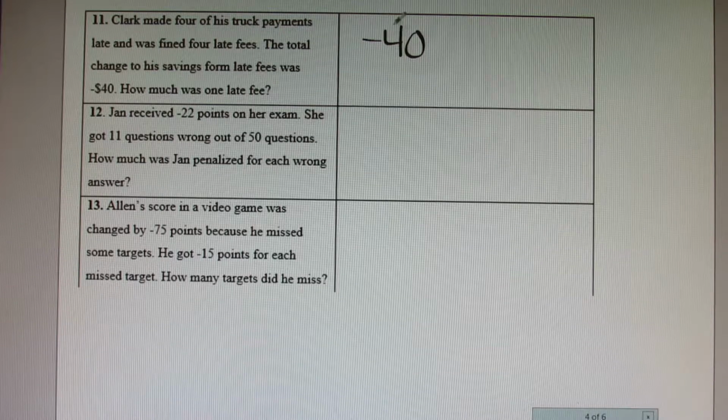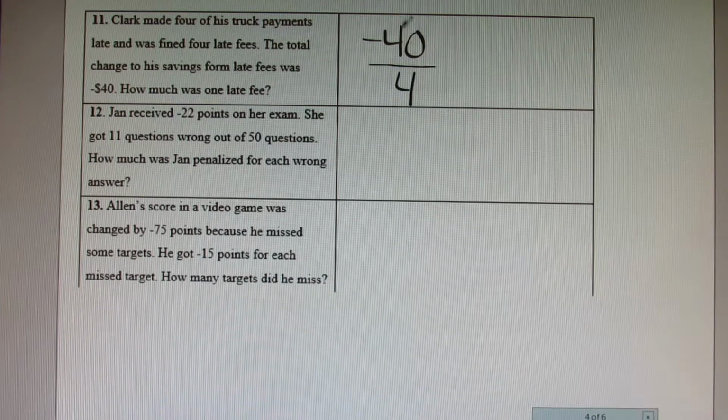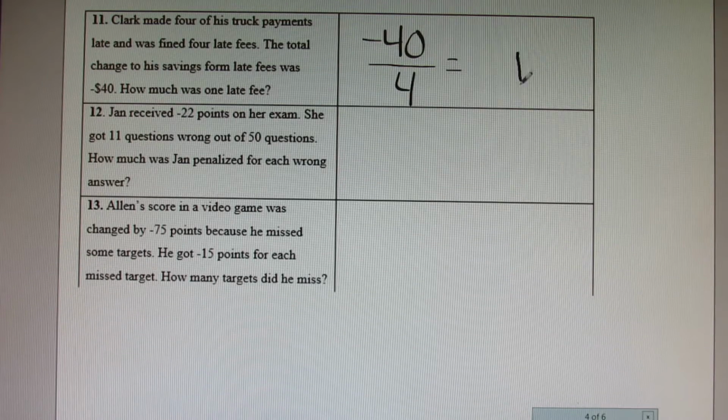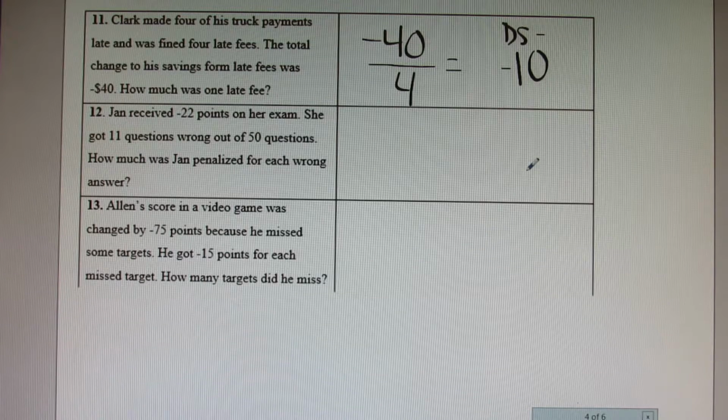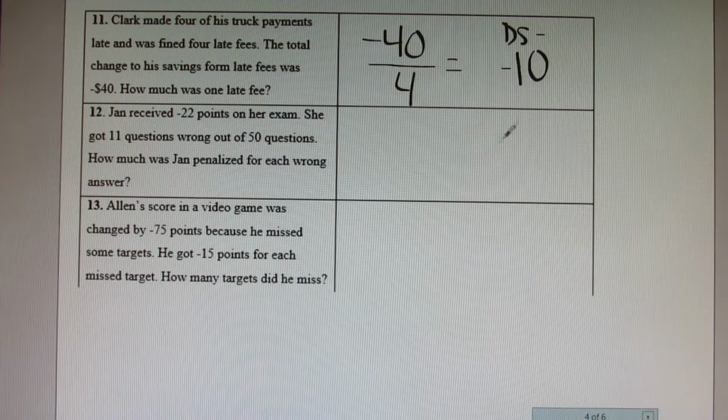So $40 per 4 fines. This is like writing a fraction, but it's also a division problem. So thinking about this division, I know that 4 goes into 40 exactly 10 times. But what kind of sign is my answer going to have? Well, these are different signs, so my answer is going to be negative. So each late fee was -$10, which makes sense.